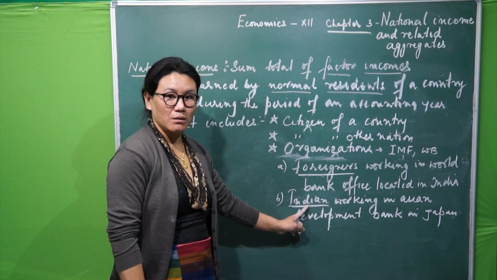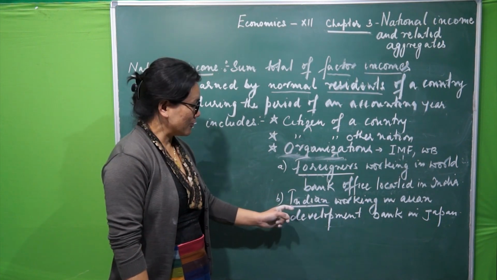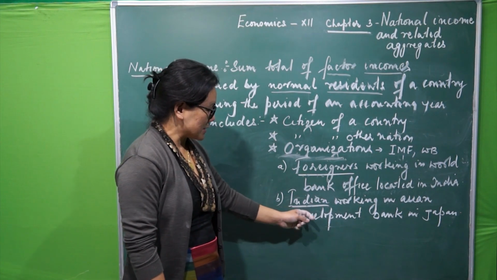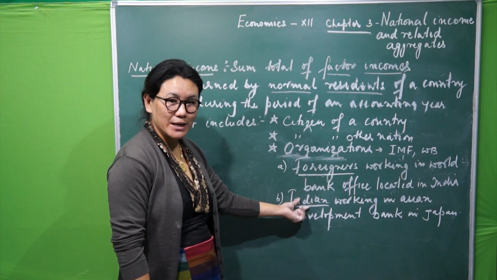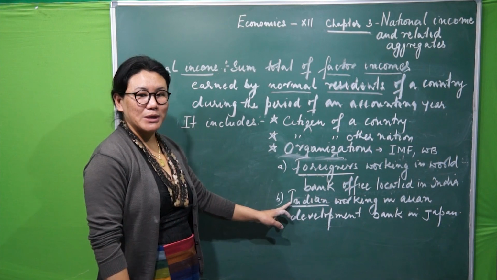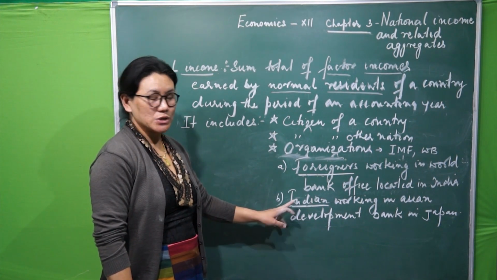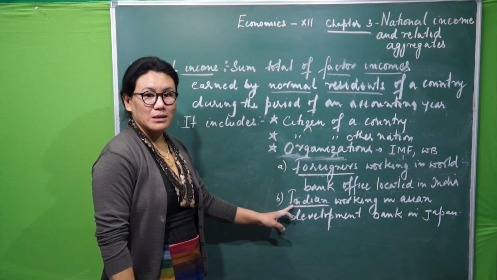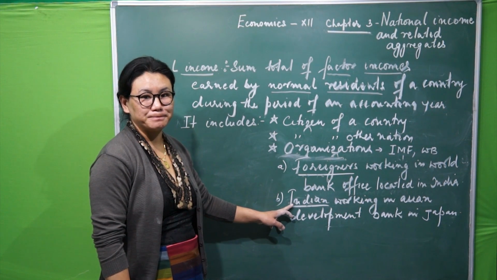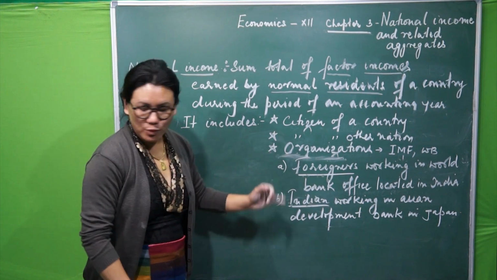Got it? Two conditions I said. The second condition, he is fulfilling this one. Now see here, even if he's not staying in India, he's staying in Japan, working there, his economic interest lies in his country. So this Indian is a normal resident of India. Got it? Okay.